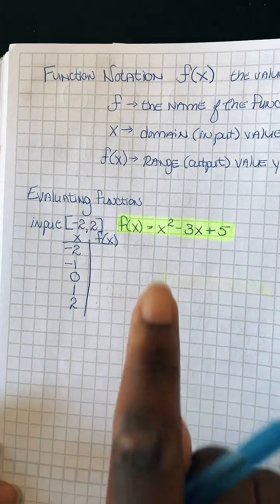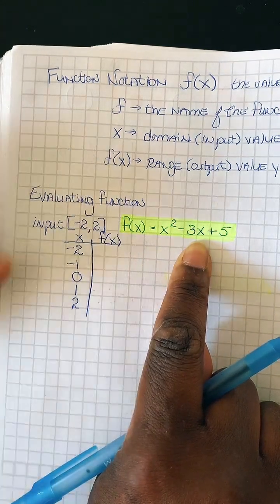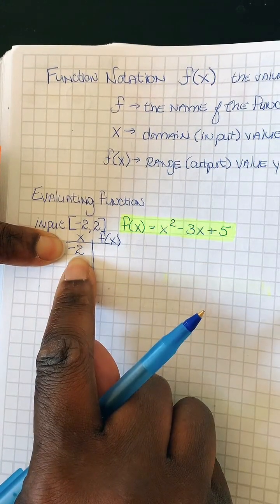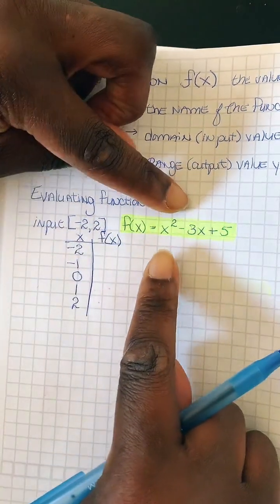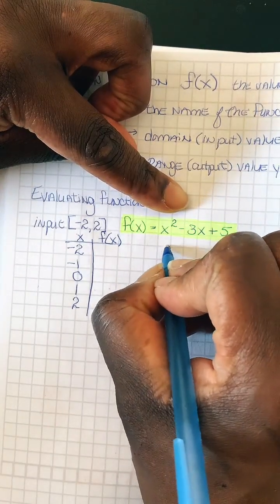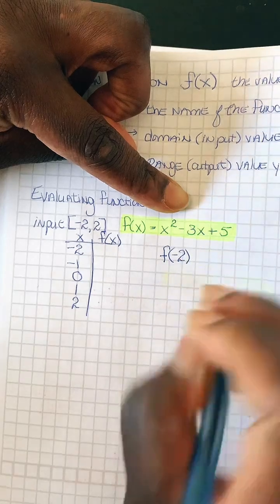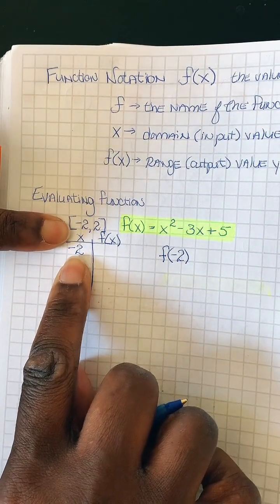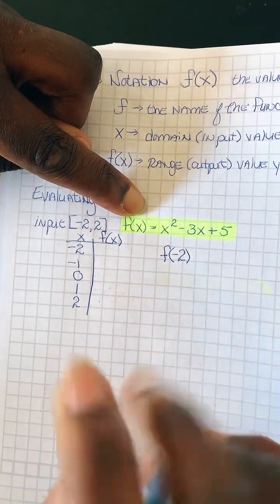Wherever you see an x, all you're going to do is substitute the value of x. So I'm inputting, hence the word, I'm going to take this -2 and input it into this function. If I want to know what the f of -2 is, because the -2 is the input, is the x, I'm replacing the x with the -2.